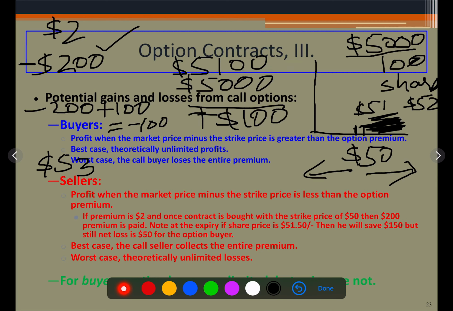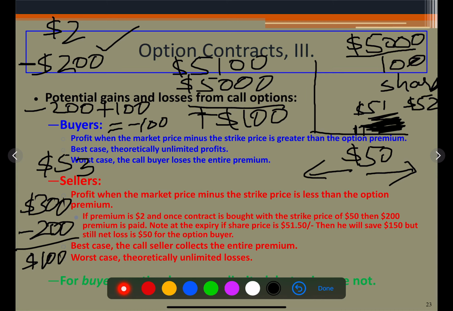So his net profit in that case is actually $100. So $300 he's saving by exercising the option, but he paid the premium of 200. So his net saving is $100.